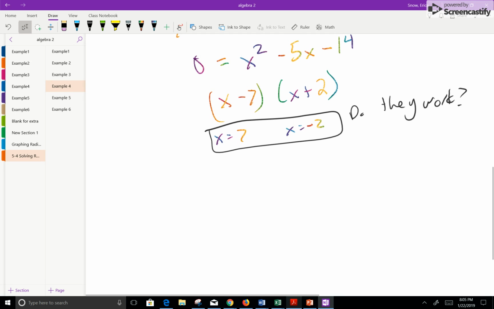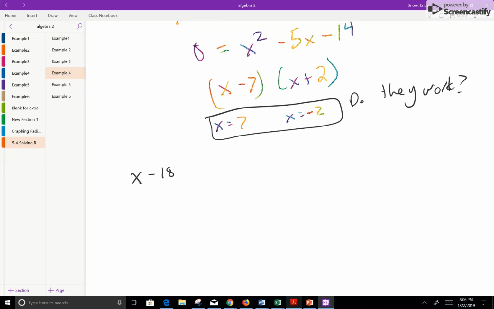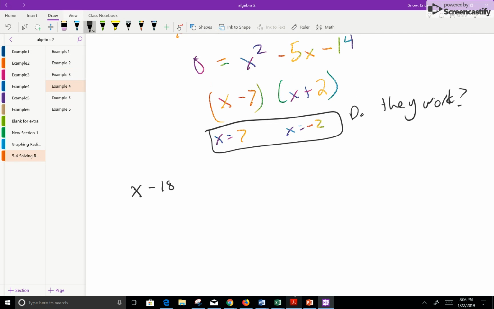So we're going to plug them in. So we get x minus 18. Oh, we want to make this 7, sorry. So we're going to get (7 minus 18) to the 3/2 equals (7 minus 2) cubed.